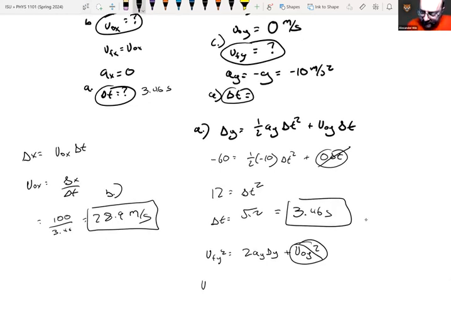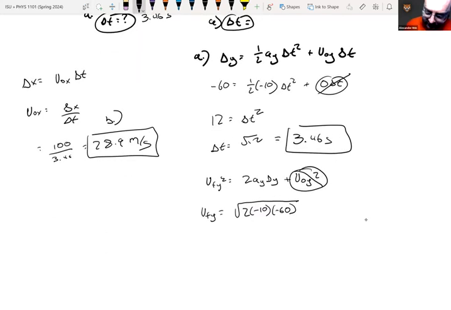Then we just end up with V final y, and I'm going to take the square root, doing a little bit of algebra and substitution at this time, but it'll be 2 times negative 10 times negative 60. So what we get there is the square root of 1200, and that's just going to be 34.6.